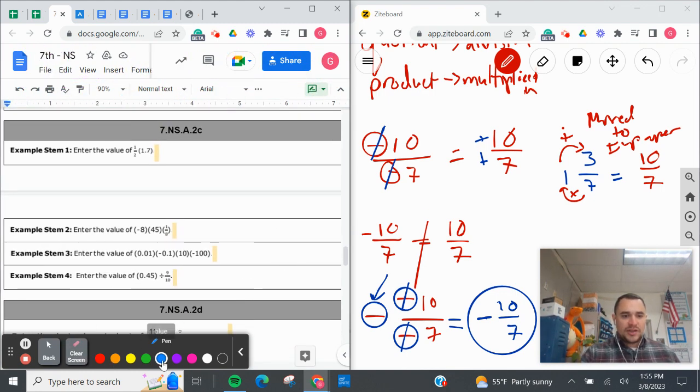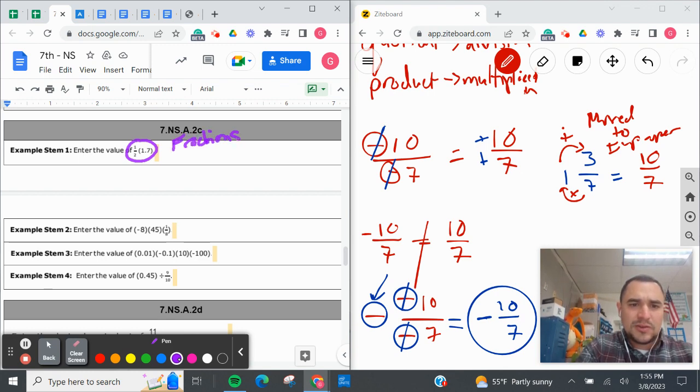We are working on decimals and fractions. One way you can do it is you can change this all into fractions or decimals. So I'm going to make a line right here. Fractions. I have 1/2 times 1.7.